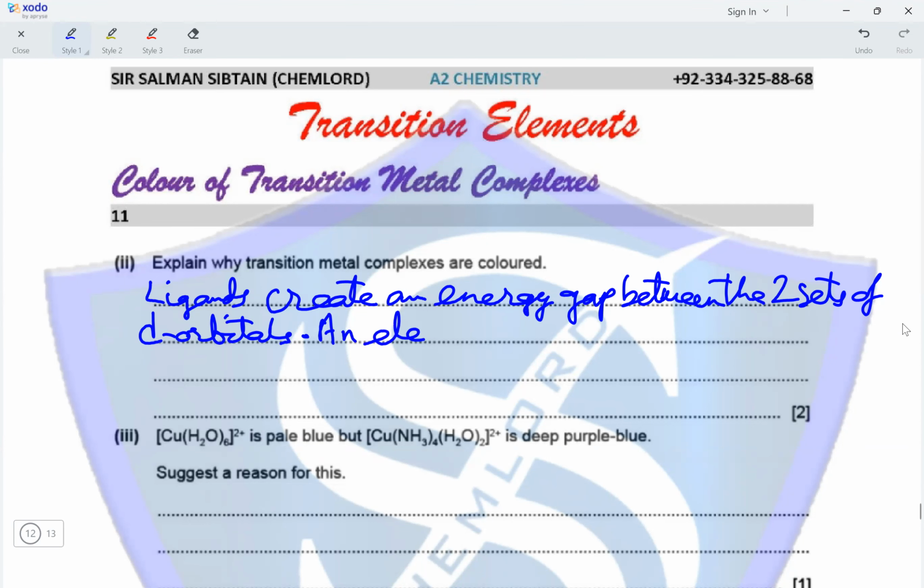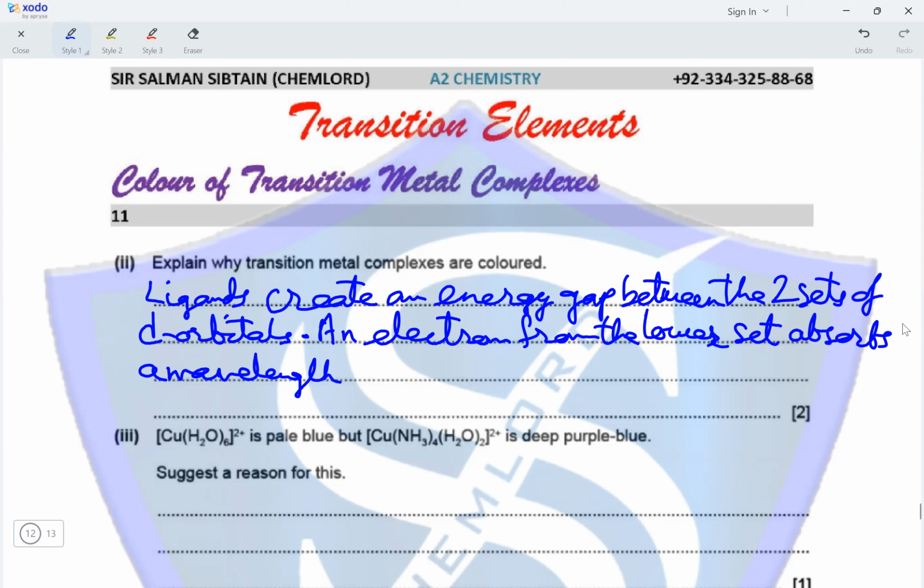An electron from the lower set absorbs a wavelength of visible light and gets promoted.